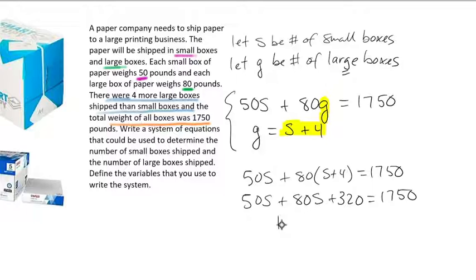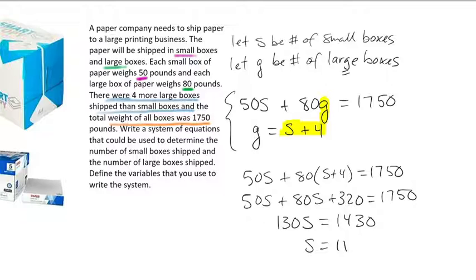This is going to give me 130S equals 1,430 pounds. And finally, if I divide both sides by 130, I get that the number of small boxes is 11.